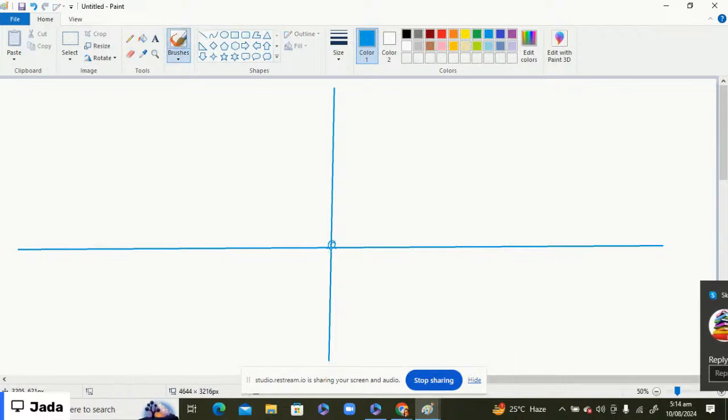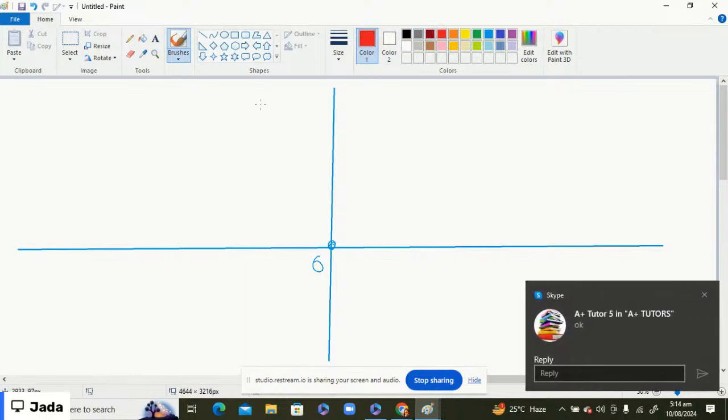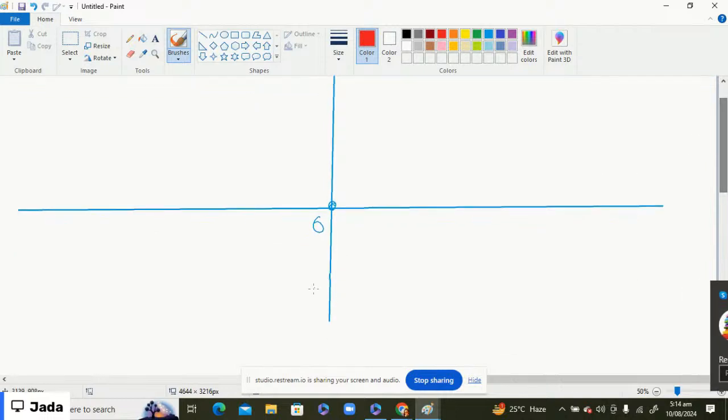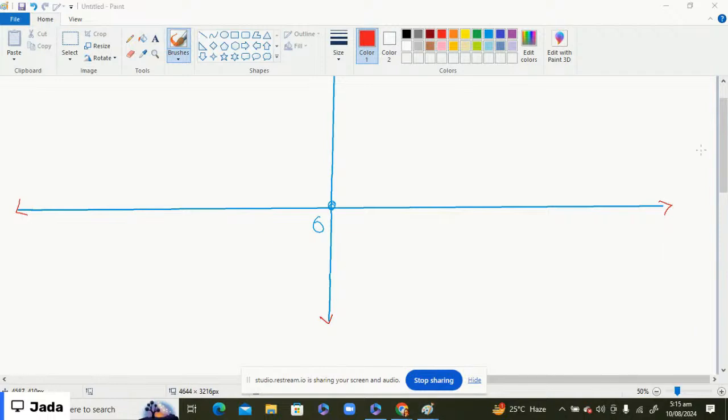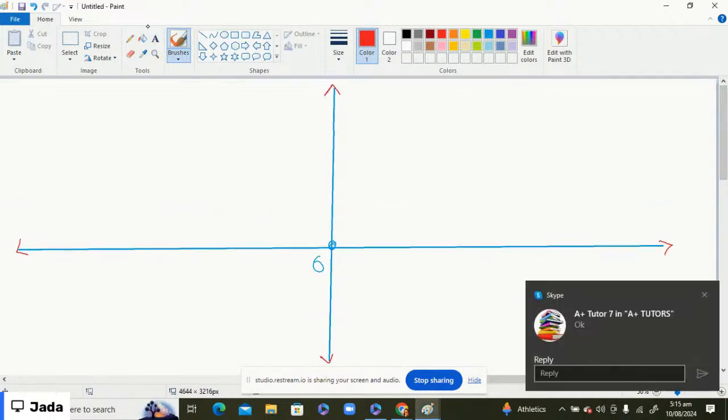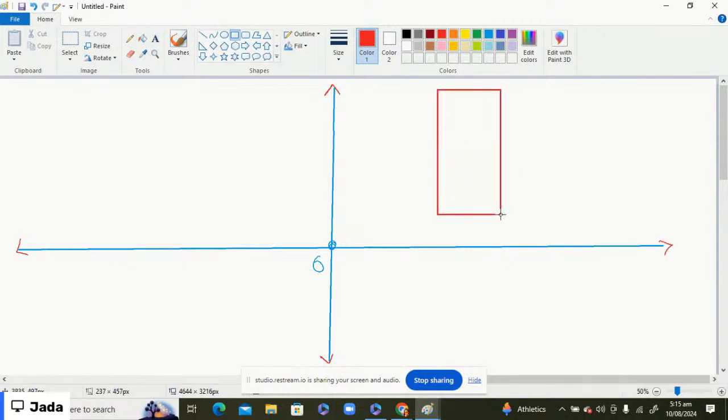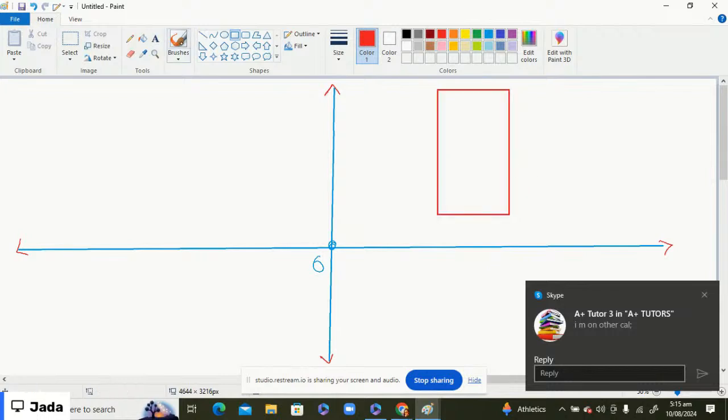So this is for 0. Here are different points. For example, here is your triangle, or rectangle, you can say that it's a rectangle here, and here are some points.